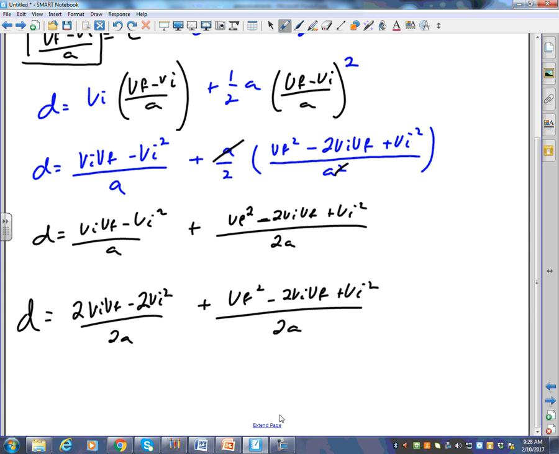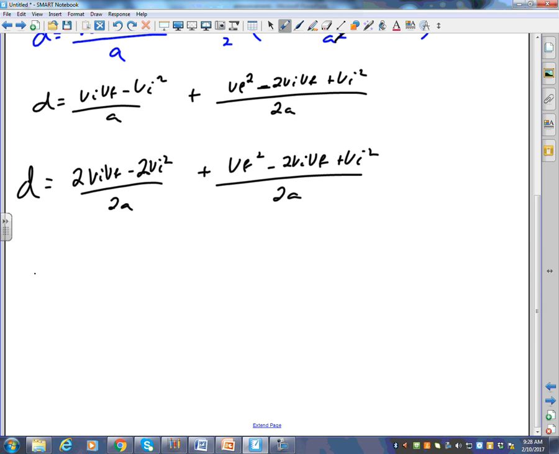Okay, now when you add fractions, what do you do? You add the tops and put them all over that common denominator, right? Which is 2A. So we're going to add two VIVFs minus 2 VIVFs. Right?